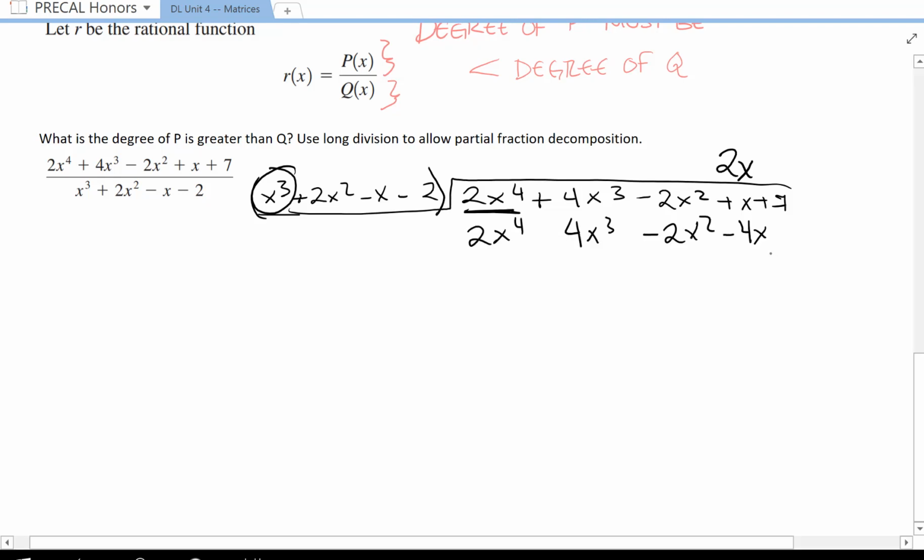Draw your line and change your signs to make it, oh, I did not change that sign. Minus minus is a positive, and we get 0, 0, 0, 5x plus 7. So this fraction can be rewritten as this.